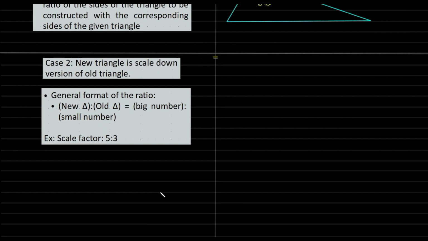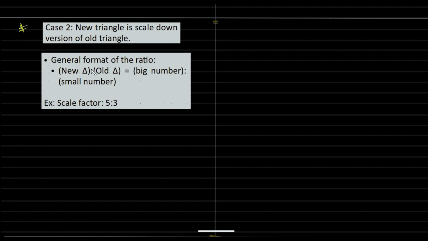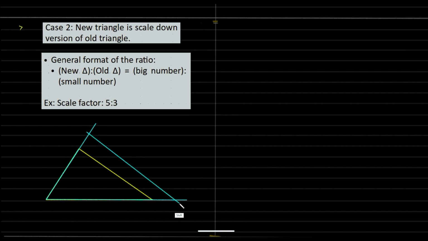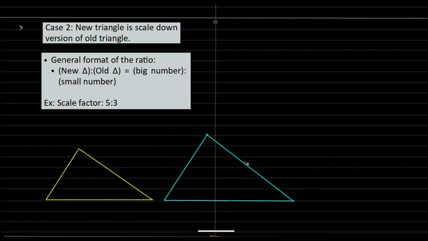The other variation is, yes, you guys guessed it right. The new one is bigger than the old one. Say you have a triangle which is something like this. The new one would be a scaled up version. So the construction will look similar to this itself. If you look at it carefully, can you see that?